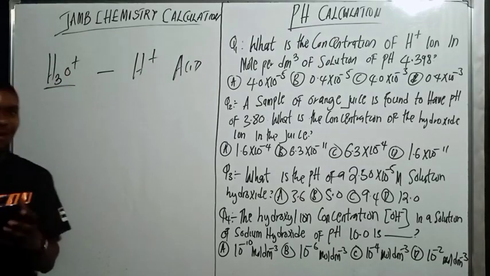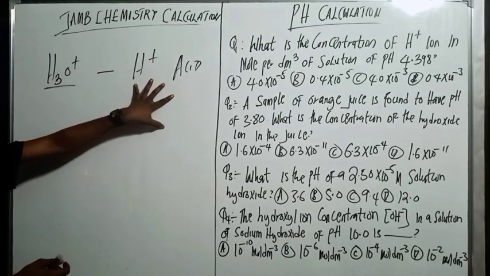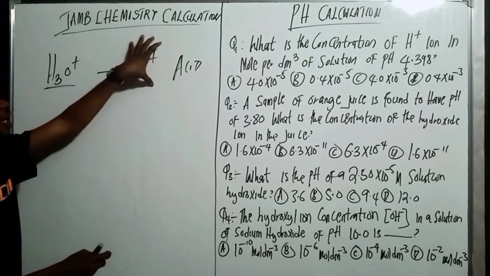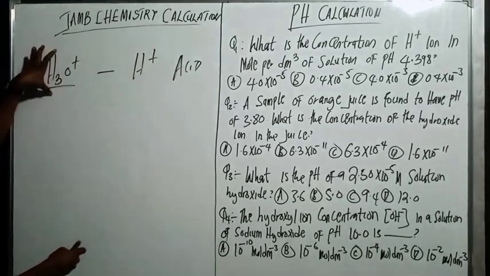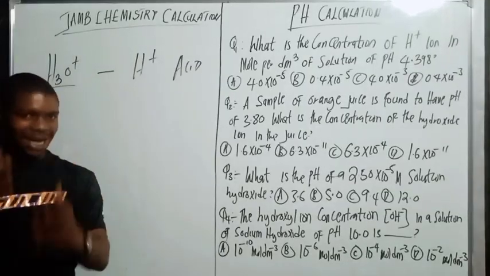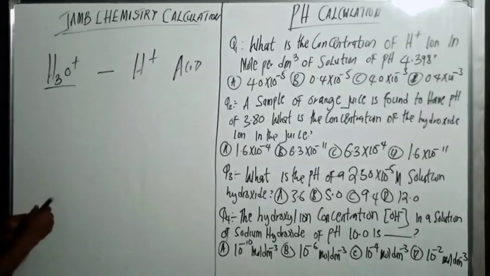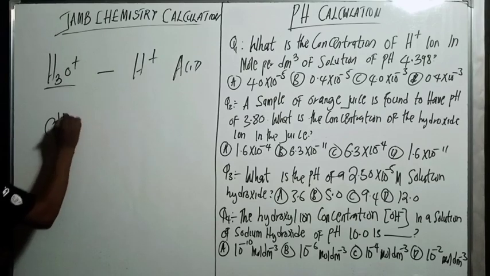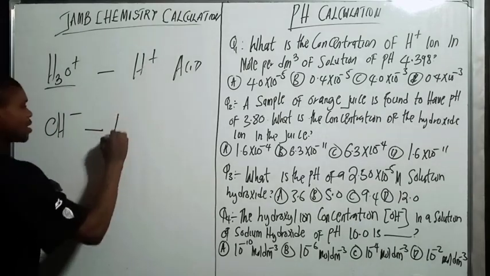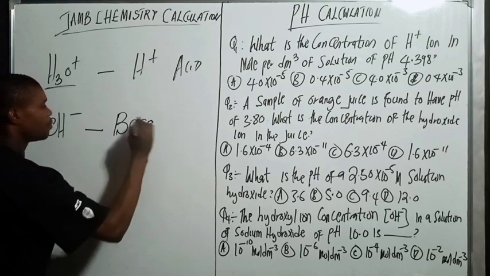In the theory of acids, when you dissolve an acid in water, you produce H plus concentration, or hydronium concentration. So whenever I talk about H plus, what should come to your mind is an acid. Then here we have OH, hydroxide. Hydroxide is for base.